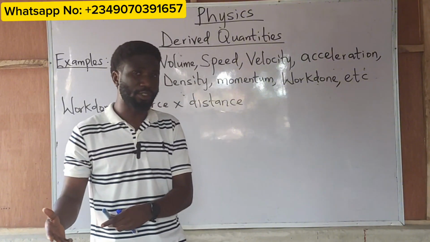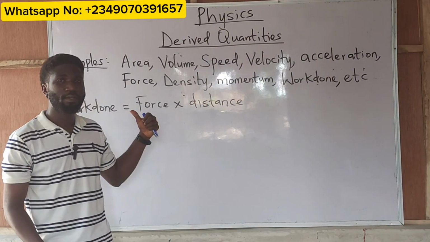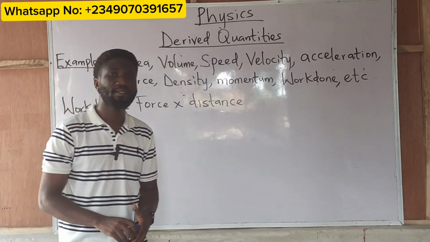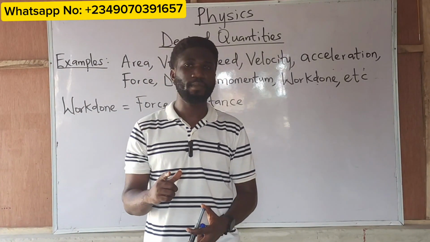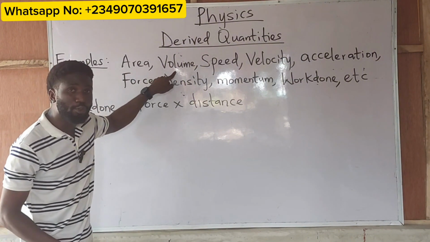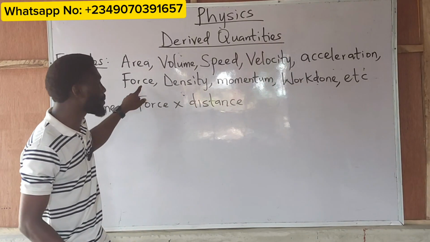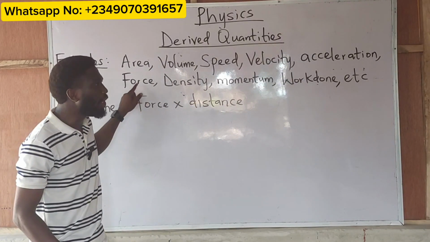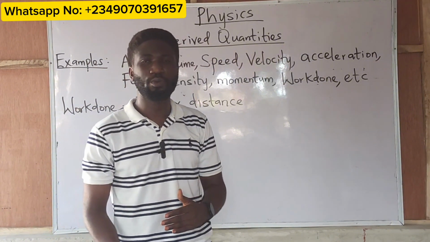Remember, we've done force earlier. So please class, you need to know some things. In as much as you know the unit of area, volume, speed, velocity, acceleration, and force, then other derived quantities will surely be known.